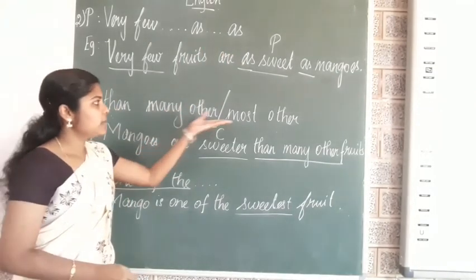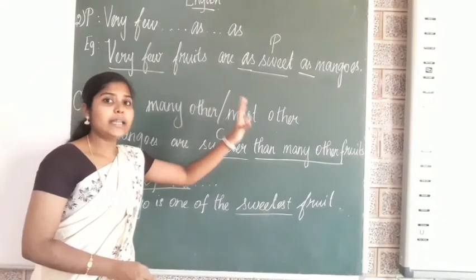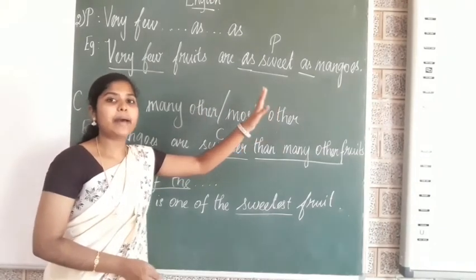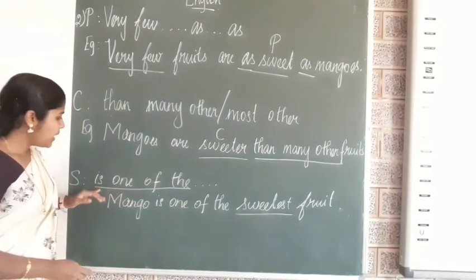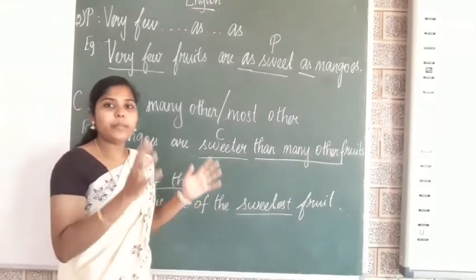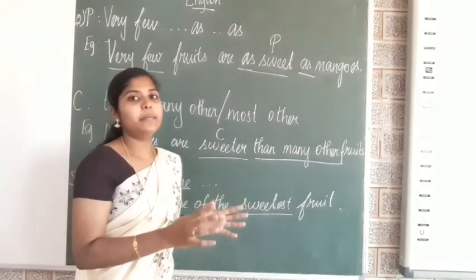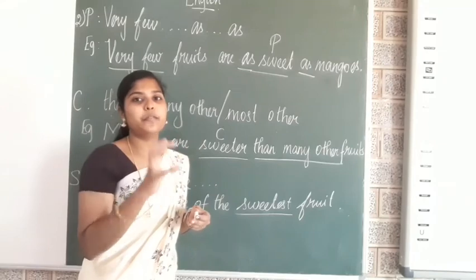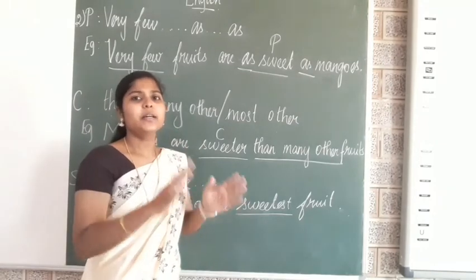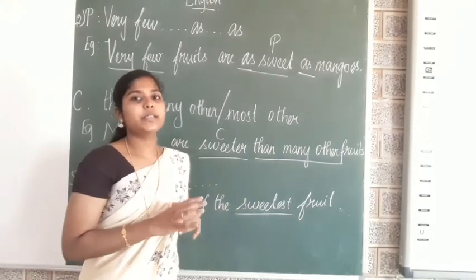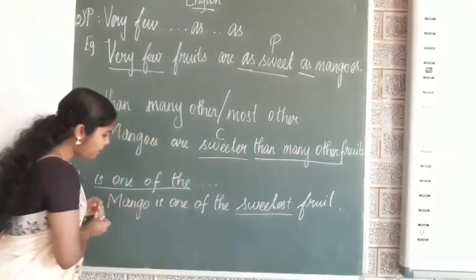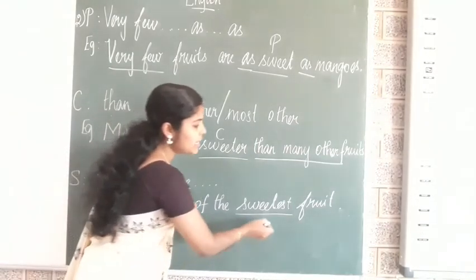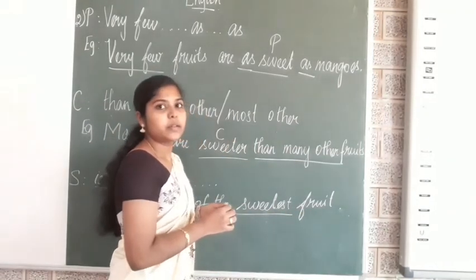Than many other, most other, not any other. There are so many sweet fruits, but we are taking this particular fruit, that is, it is one of the sweetest fruit. So mango is one of the sweetest fruit.